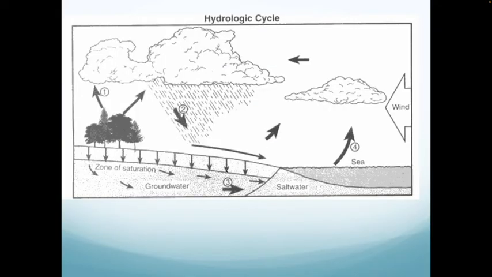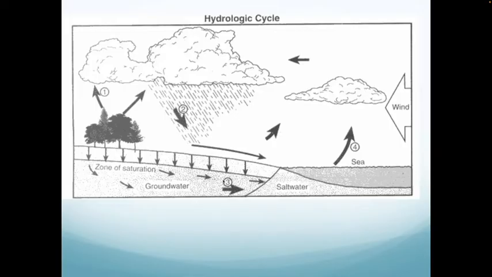Alright, this is just another graphic illustrating the hydrologic cycle, otherwise known as the water cycle. You have transpiration that happens from trees. The water is taken up from the soil and evaporates through the leaves or the pine needles, depending on what type of tree it is, and that's just a natural part of it. Step 2, you have precipitation or rain.